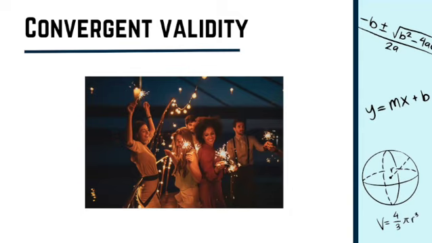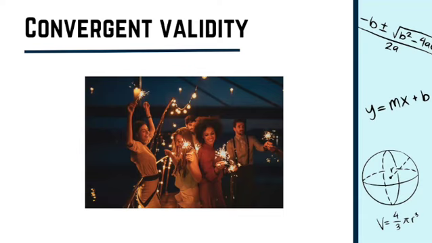So for example, if you have two tests meant to measure how friendly people are, and both tests consistently show that the same people are very friendly, that's a sign of convergent validity. It's like having two friends who always say the same thing. If they both agree that someone is super friendly, it strengthens your belief that person is indeed super friendly.